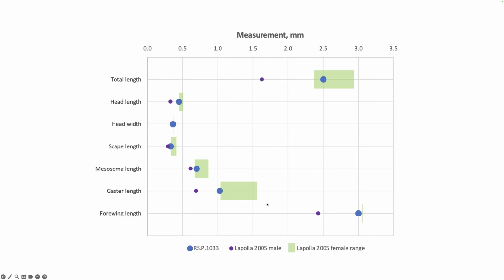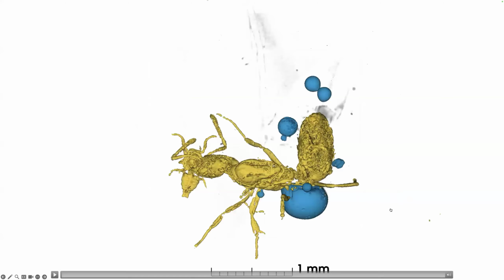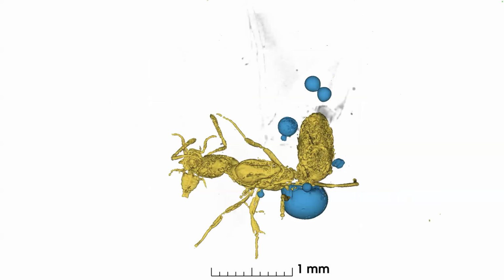And these big blue circles here, this is my specimen that I've just been showing you. And the purple ones here, that's a male, that's one male ant that he had to look at. But you can make really quite precise measurements, because you go to one end of the thing you want to measure, put a little dot, go to the other end, put a little dot, and the measurements are good. And this I've done in the last couple of days.